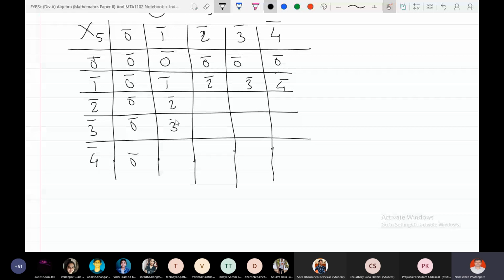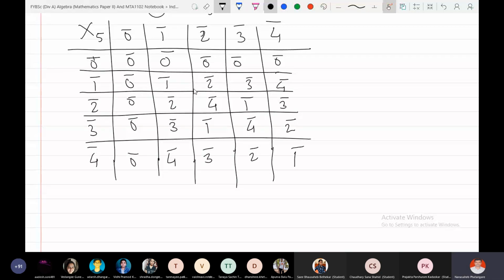Then 2 bar into 2 bar is 4 bar, 2 bar into 3 bar is 1 bar, 2 bar into 4 bar is 3 bar. Am I right? Yes, sir. This is 4 bar, this is 2 bar, this is 3 bar, this is 2 bar, and this is 1 bar.